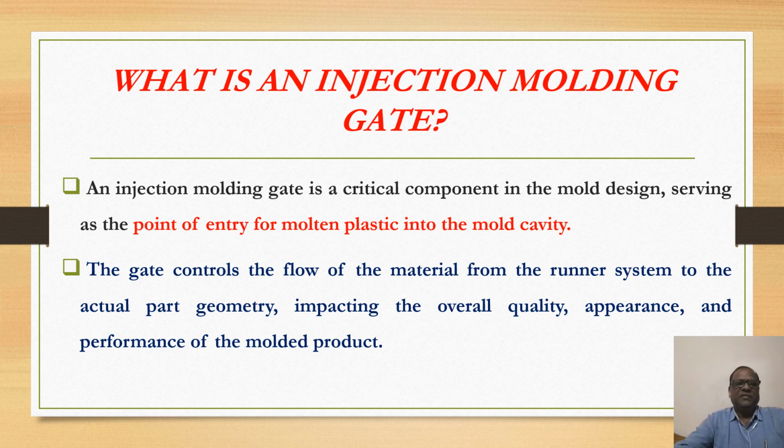So, a definition: an injection molding gate is a critical component in your mold design which serves as the point of entry for the molten hot plastic material into the cavity. The gate controls the flow of material from the runner system to the actual part geometry, impacting the overall quality, the appearance, and the performance of your molded part.